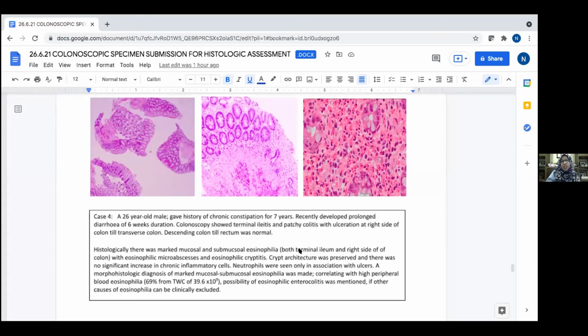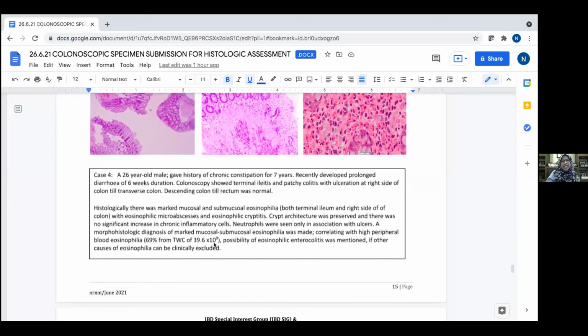An additional history shows that this patient actually has marked peripheral eosinophilia, 69% out of 39.6 total white cell count. So that is an awfully high peripheral blood eosinophilia. So it is possible that this is a case of eosinophilic enterocolitis, but the diagnosis has to be a clinical one, meaning they have to make sure that there's no other cause for peripheral eosinophilia.